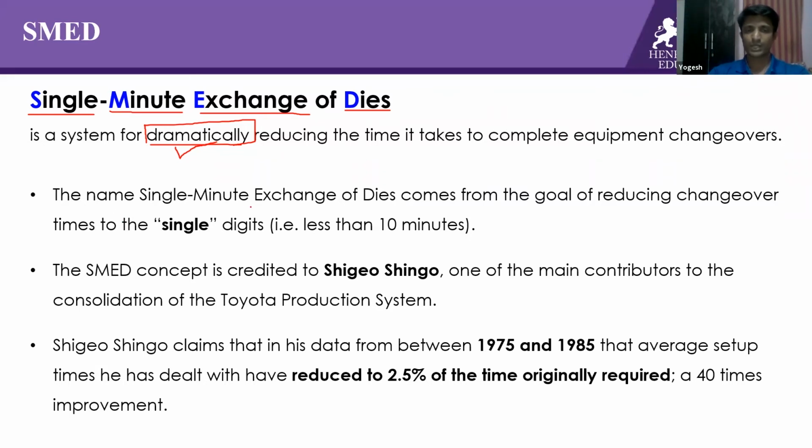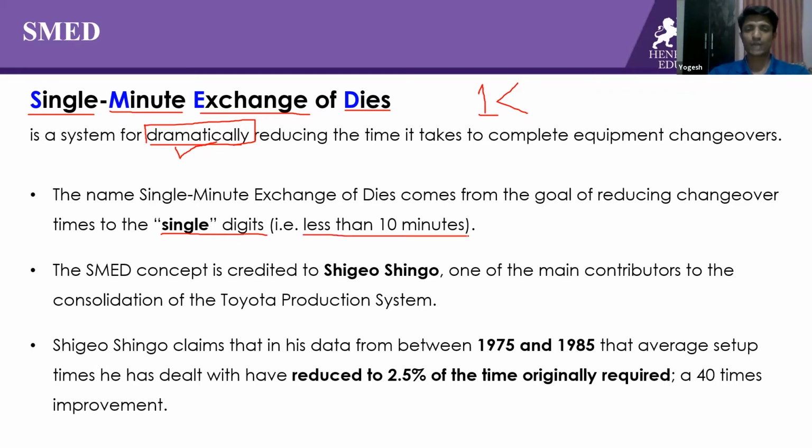Now, the name single minute exchange of dies comes from a goal of reducing changeover times to a single digit. So single minute doesn't mean you need to finish your changeover within 1 minute. It is not like that. The single word comes from the notion that we should finish our changeovers within a single digit number of minutes. Single digit minute means less than 10 minutes.